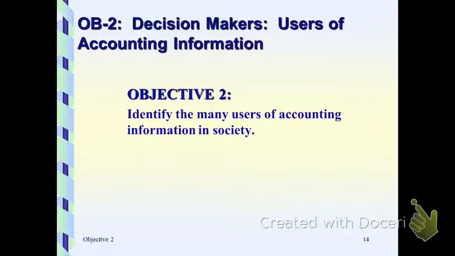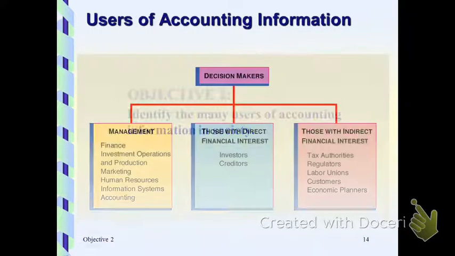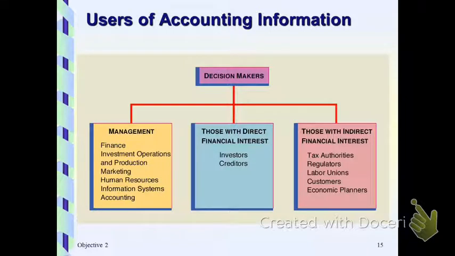Now, let's move on to objective number 2, identifying the many users of accounting information in society. There are 2 main areas of accounting relating to the types of users of accounting information, as indicated in the chart above. The people who use accounting information to make decisions basically fall into 3 main categories.